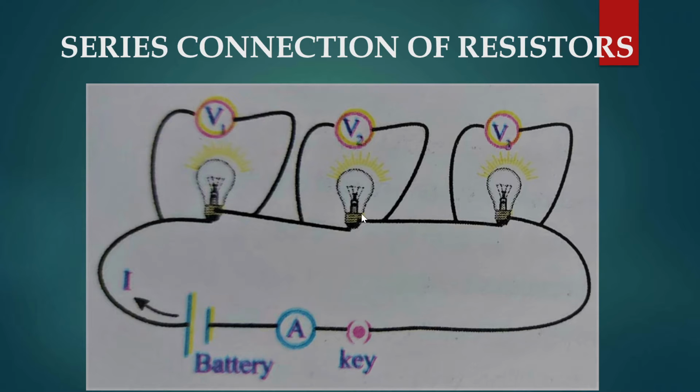We know that the current flowing through a series circuit is the same throughout, whereas the potential difference is the sum of the potential differences across these three resistors, that is, V equal to V1 plus V2 plus V3.